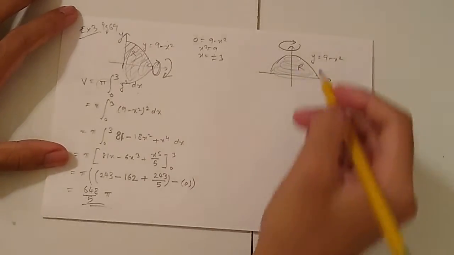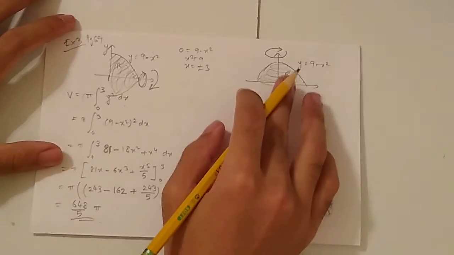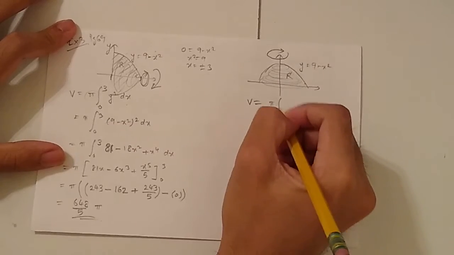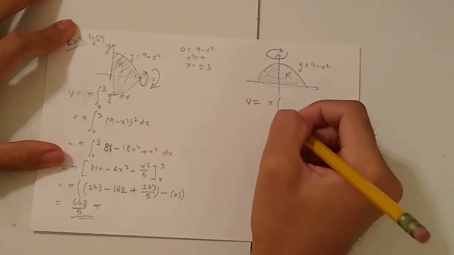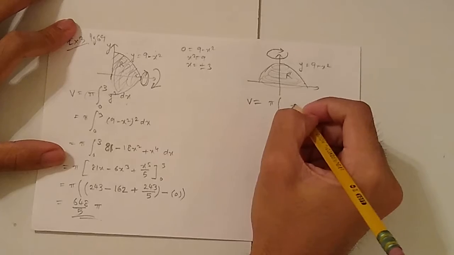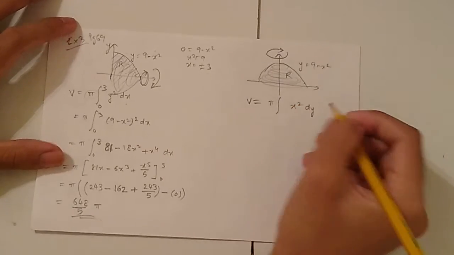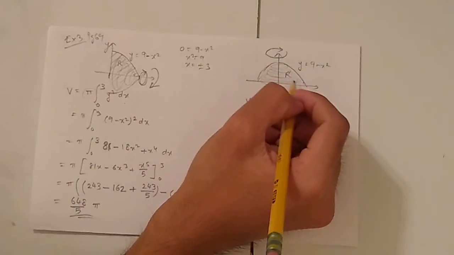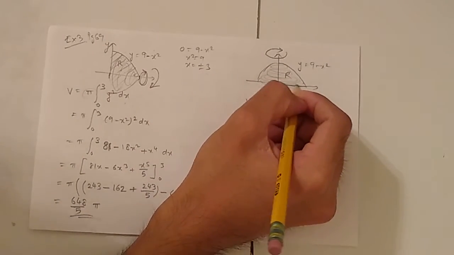For this one, if you want to find the volume, you'll be using the other formula. V is equal to pi into the integral from something to something, we do not know what that is yet, of x squared with respect to y. What is the lower limit for y? The lower limit for y is going to be 0.